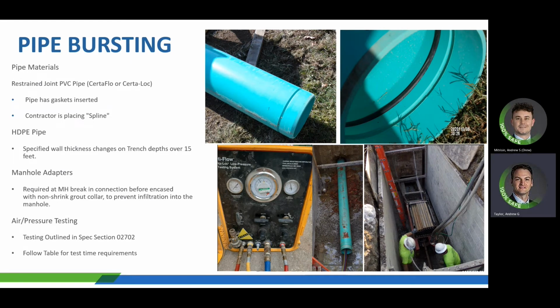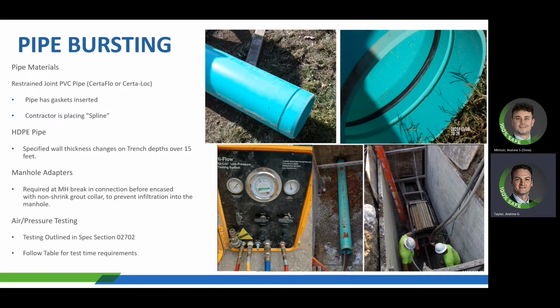Make sure that the spline is being inserted fully and completed as well. The second option of pipe material is the HDPE pipe. With this, it's very important, if you have a pipe burst segment that's over 15 feet in depth, that the contractor is abiding by the specification as the wall thickness requirement changes. So keep that as a note as well.